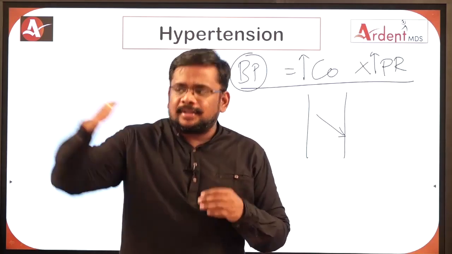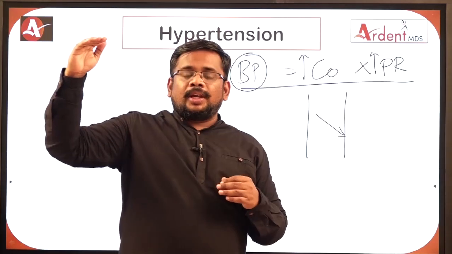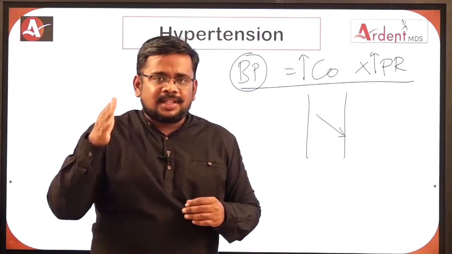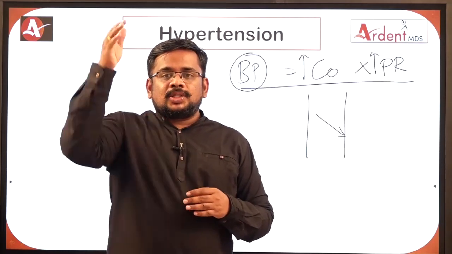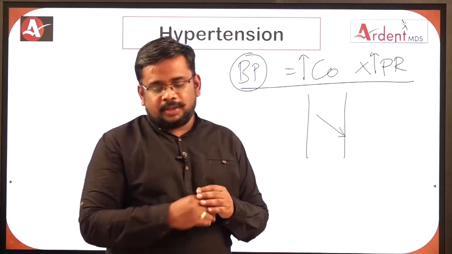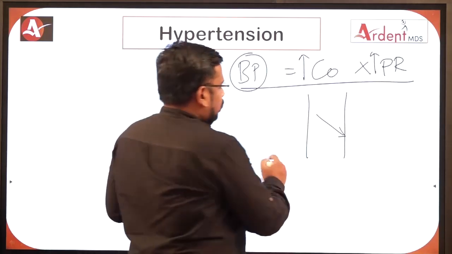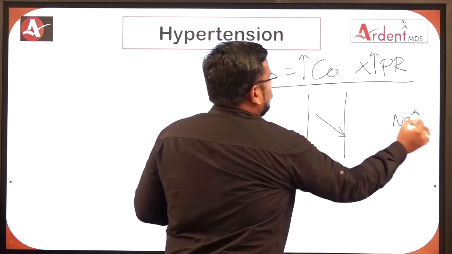If they are elastic, they give way, so the resistance is decreased. That's why in aged patients the walls are rigid because of salt deposits, sodium deposits. So aged patients get more hypertension than young patients, right? Because of the salt, peripheral resistance is increased.